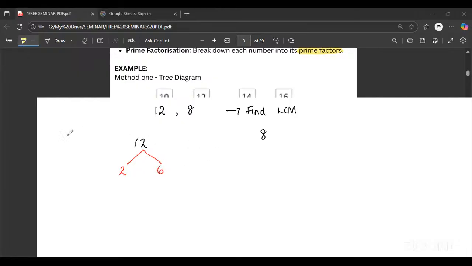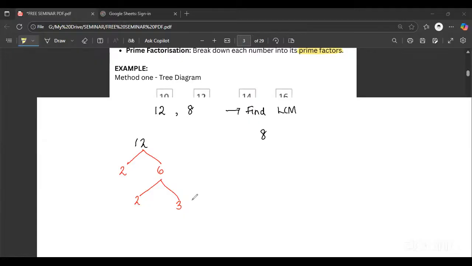What's 12 divided by 2? 6. When it comes to this, we check from 2 onwards, whatever prime numbers we have, and try to divide the whole number by them. Can you divide 6 by 2? Yes. So 6 divided by 2 is 3.